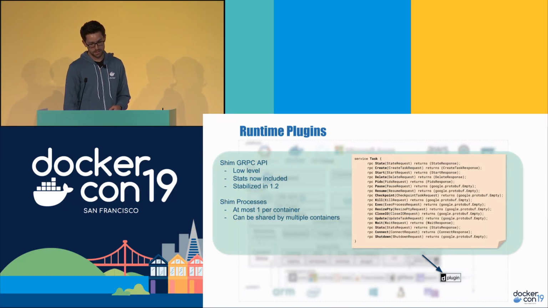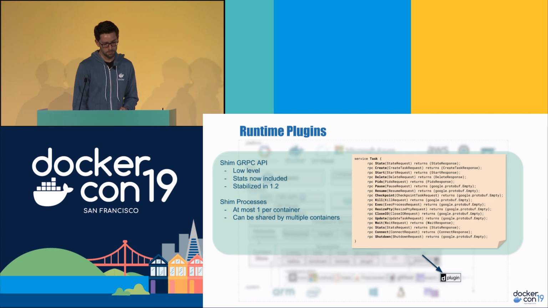And for the runtime plugins, they also have an interface to implement for doing task management. So this is essentially what the gRPC API is going to look like to implement the Shim. It's just going to be a binary that containerd will call out to, and then connect gRPC to this, or the TTRPC, but it's the same definition in order to use your custom Shim.